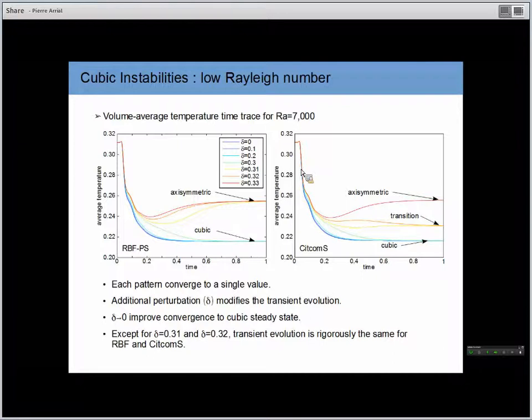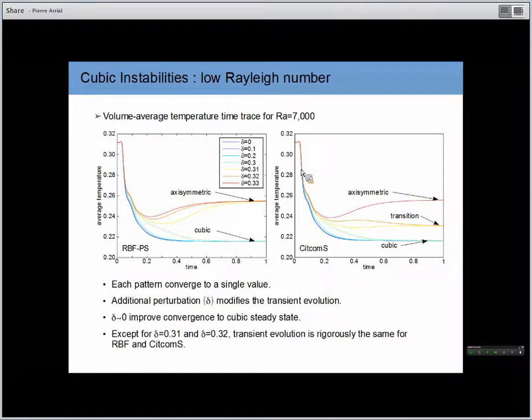We can see the results of the three different codes. We can observe cubic steady state patterns even as we increase the perturbation up to 0.3 for CitcomS and RBF, and 0.29 with ASPECT.